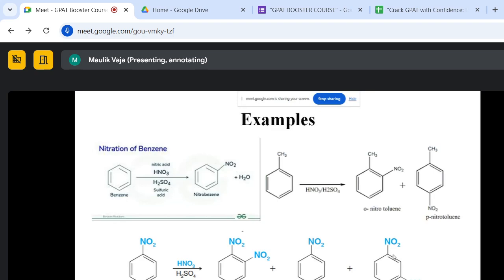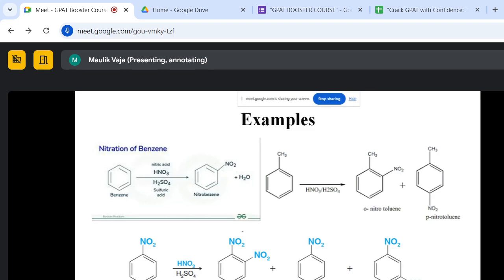So in one case, you are getting a mixture of ortho and para products in a 50-50 ratio. But in the case of nitrobenzene, you are getting the major product metadinitrobenzene.